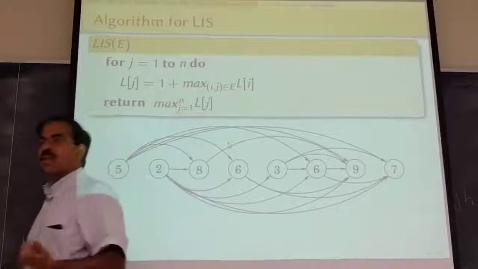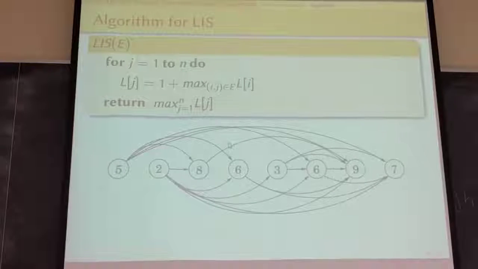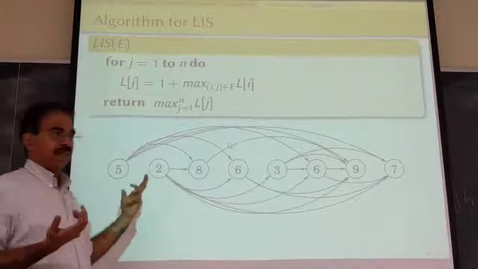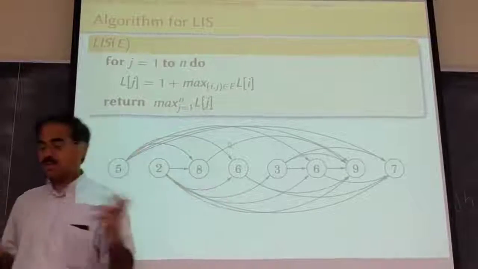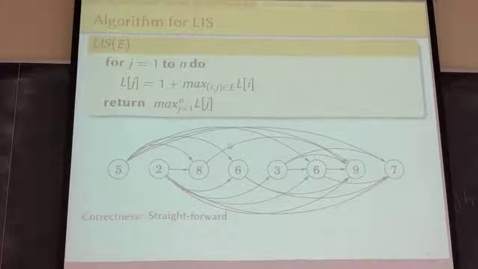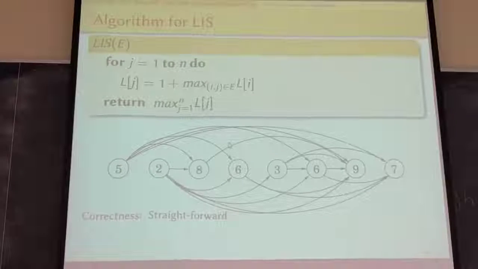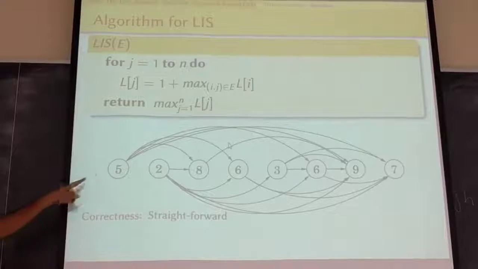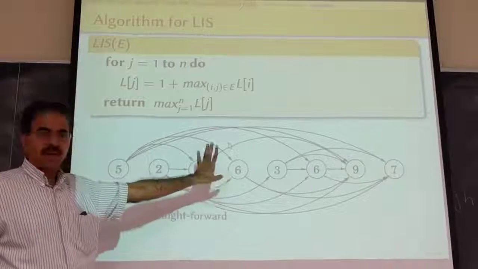So n nodes, each of them having an average of n by 2 edges coming in, well, the graph itself, you can expect it to be of the order of n squared in size. So obviously you couldn't construct the graph in less than n squared time, right? Because if you're actually putting all those edges and there are n squared edges, well, it's going to take n squared time.